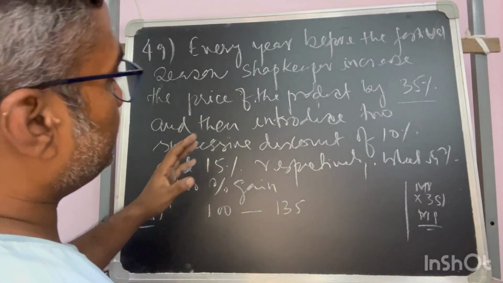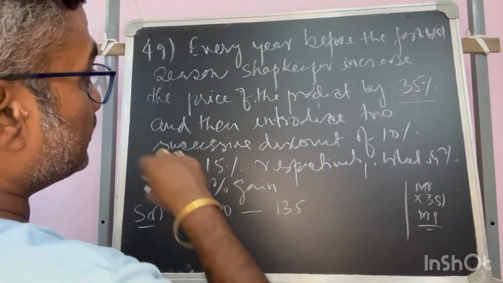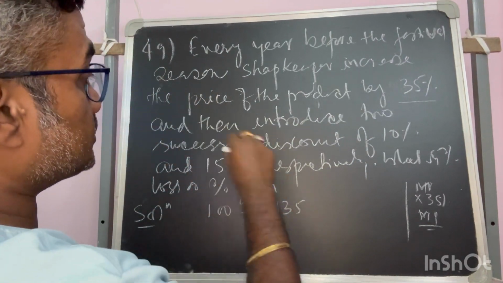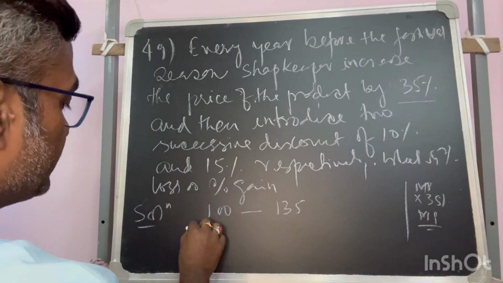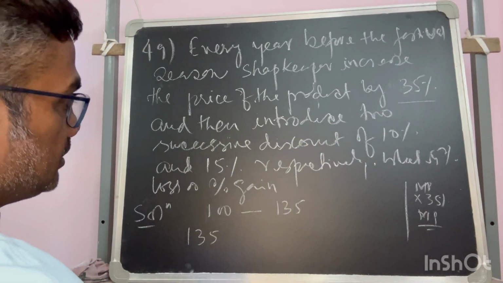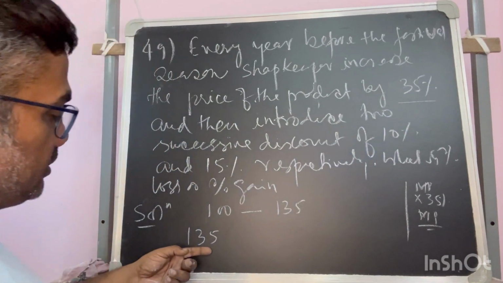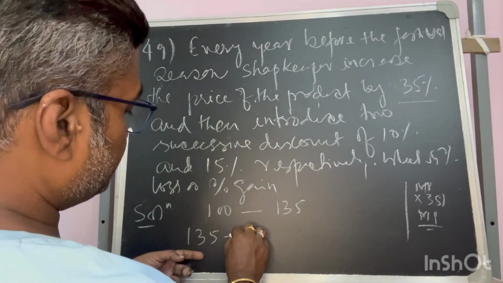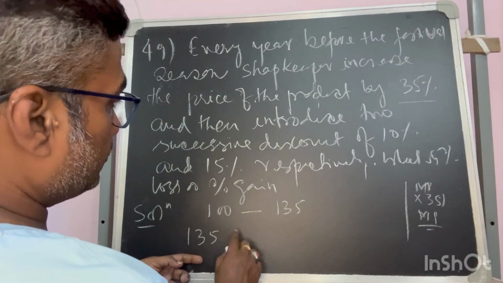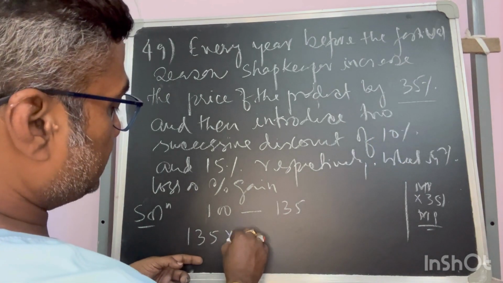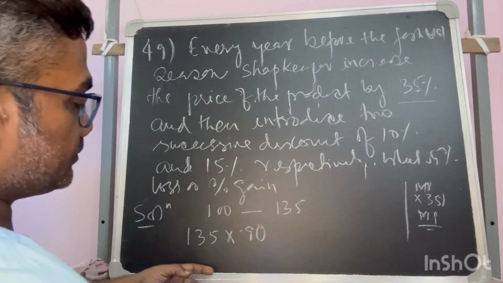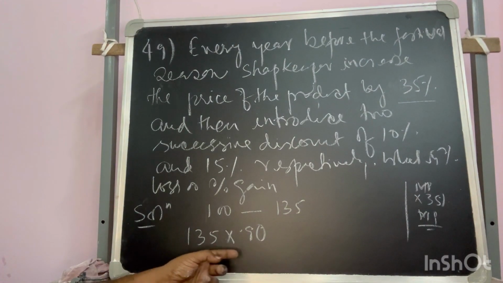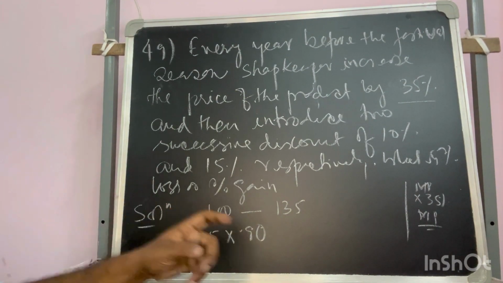Now he is giving a discount of how much? A discount of 10 first, then 15. If he gives a 10% discount, he will give it on this, so after the 10% discount it will become 0.9. The value after discount will be this much.